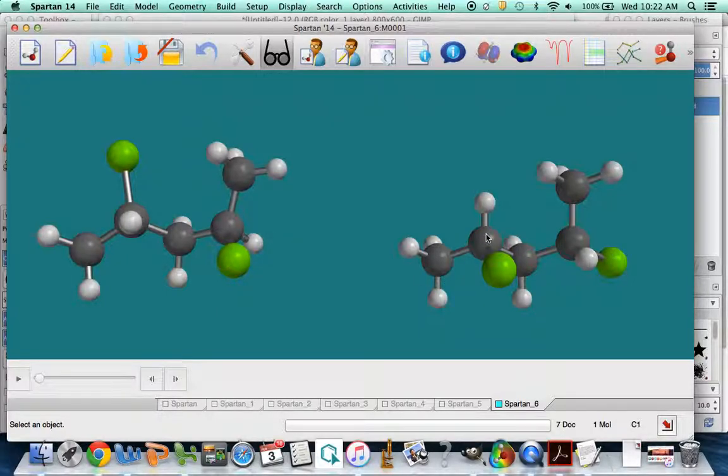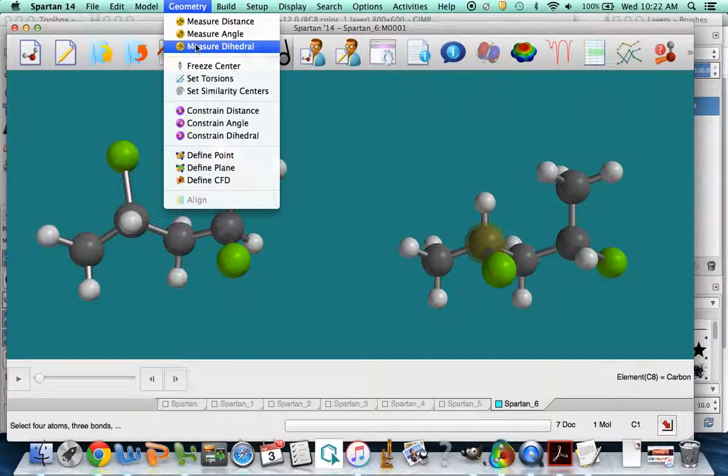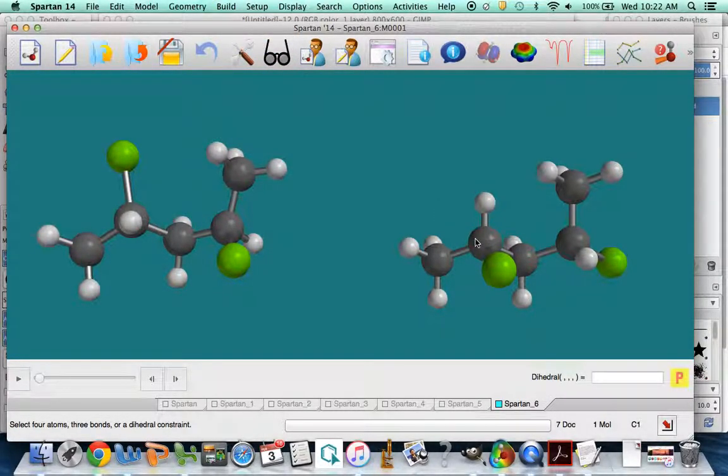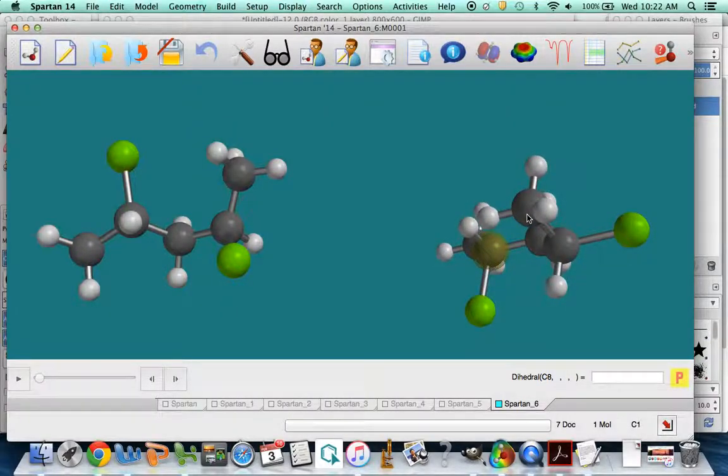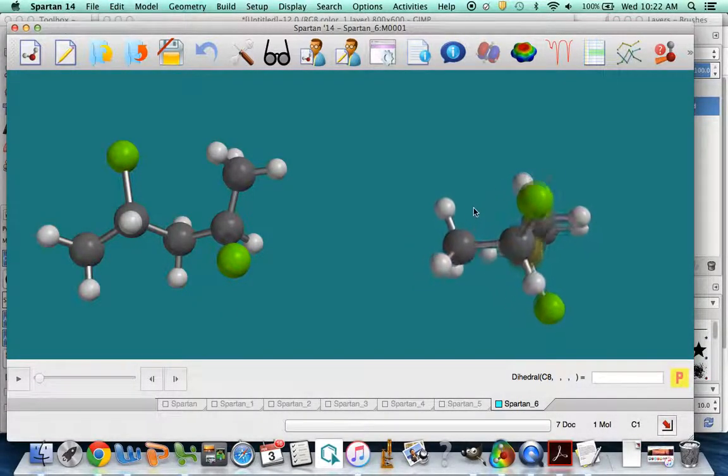Now let's see if these are identical molecules, if we can rotate one so it looks like the other one. Right now they don't really look identical, but let's see if I can rotate this around. Might take me a while.